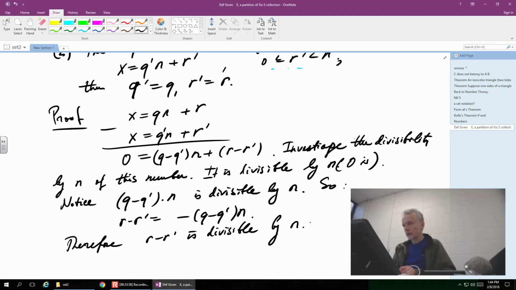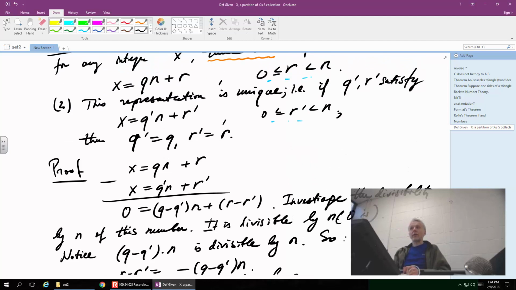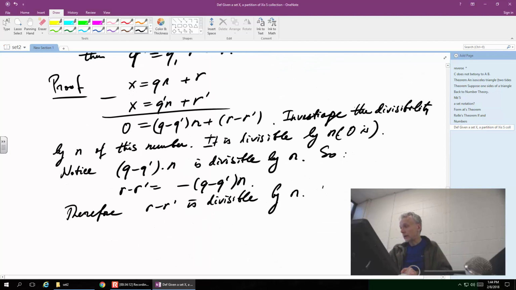Okay, so what's the conclusion? At this point, we have to bring up those two extra conditions at the top. R and R prime lie between 0 and n. So I make an observation: R is between 0 and n, R prime is between 0 and n.